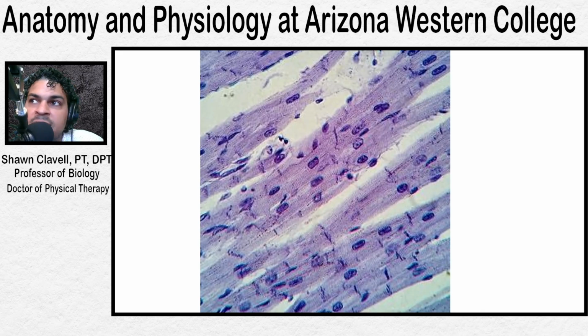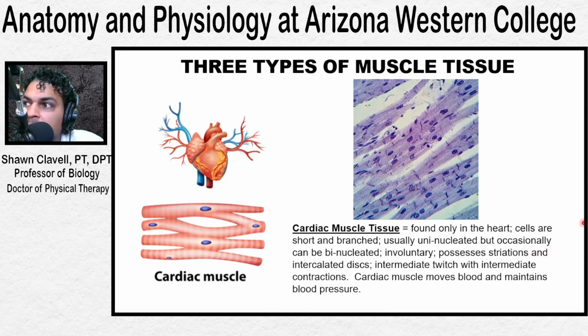So we can see these intercalated discs located strategically where these muscle fibers or cells actually meet. So here we have some cardiac muscle tissue with its branched, short fibers, usually uninucleated. We can see here they're uninucleated, but occasionally can be binucleated. They're also involuntary and possess striations. The characteristic unique to cardiac muscle tissue we can see here: intercalated discs.